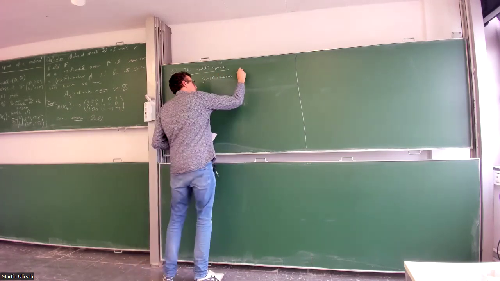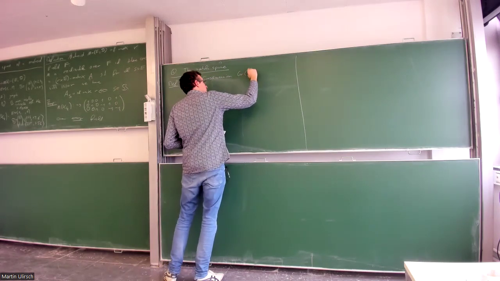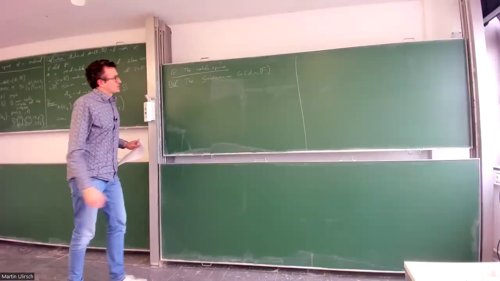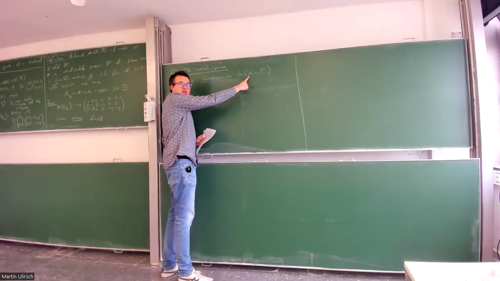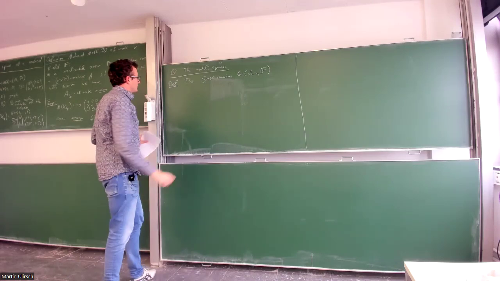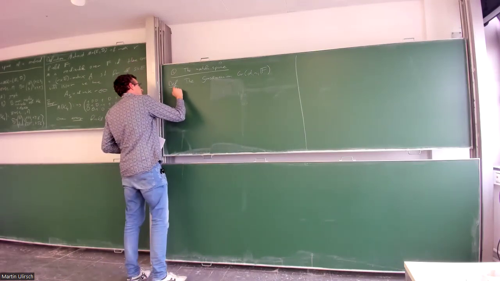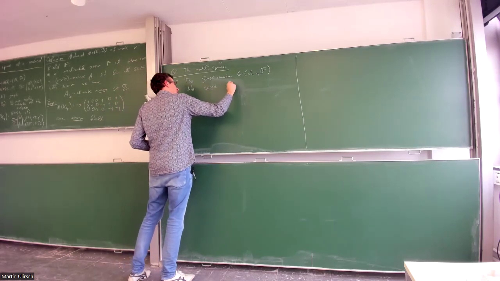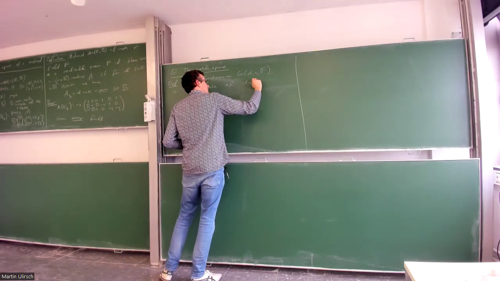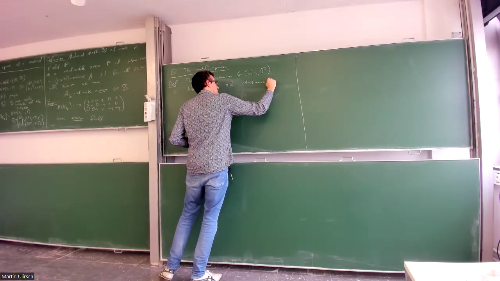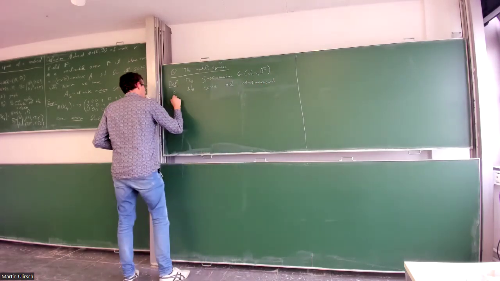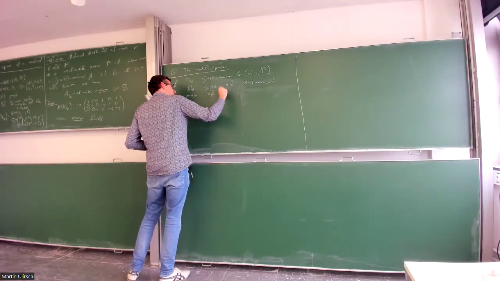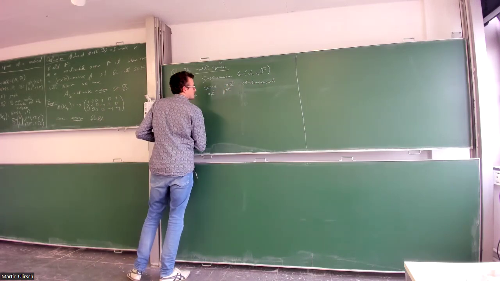It's denoted Gr(d, n) over F, and it's supposed to be the space of d-dimensional subspaces of F to the n.